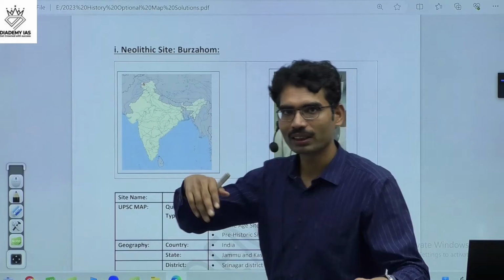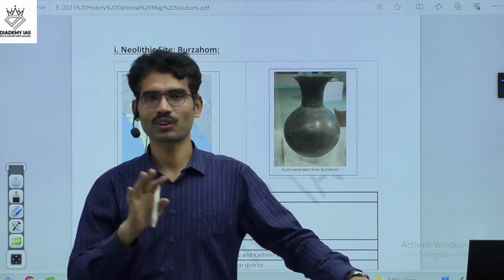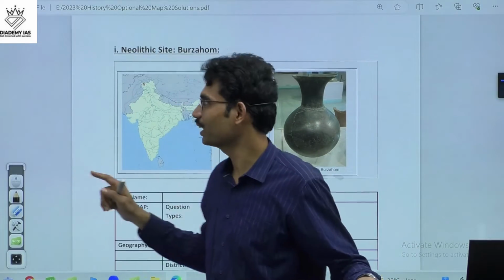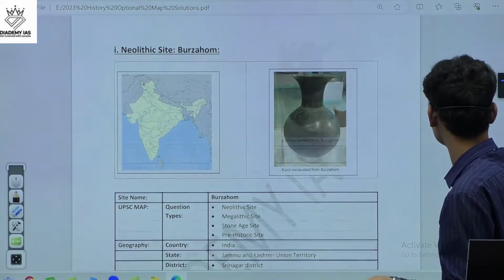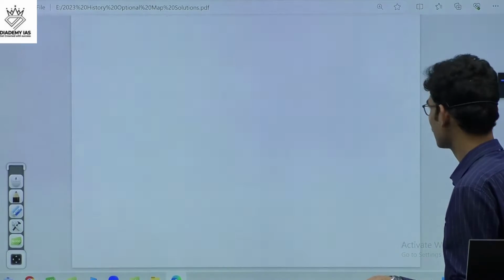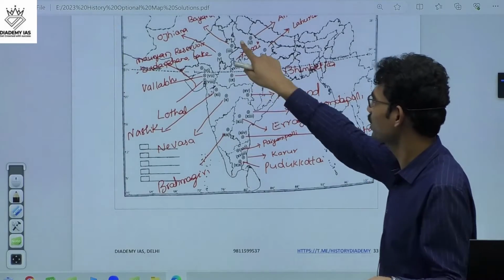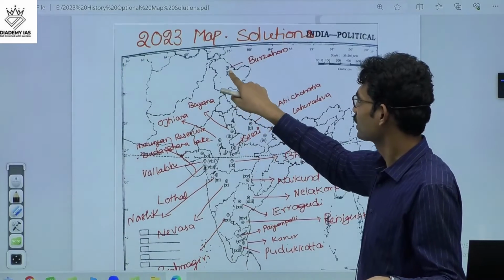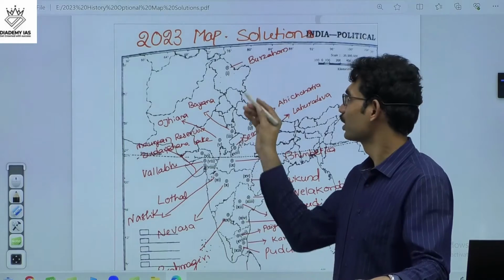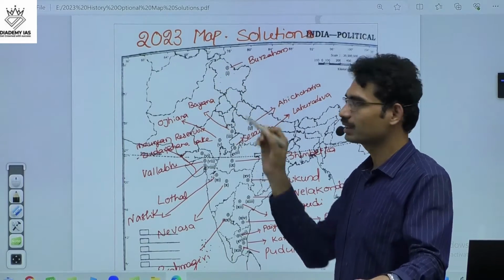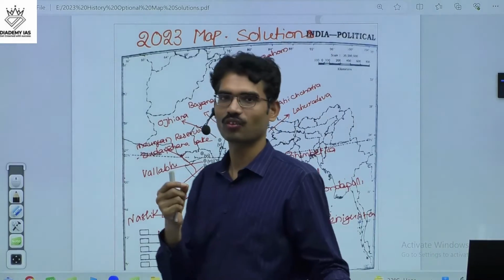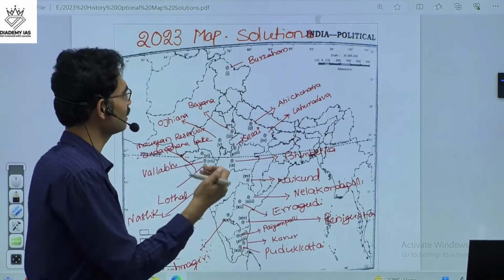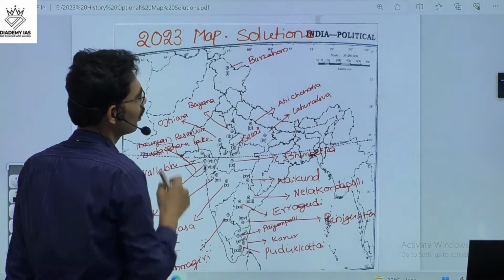Unless we get some other new thing, as of now in our textbooks, we don't have any Neolithic site mentioned in this location. If you observe, this is the site given here. From this part, what is the Neolithic site? Exactly in this location, we don't have any site reference, but close to that we have Burzahom.